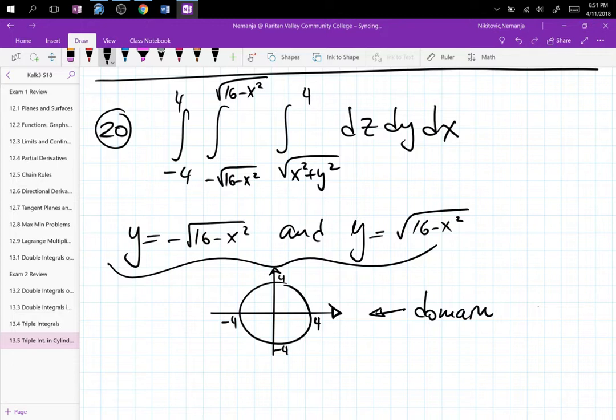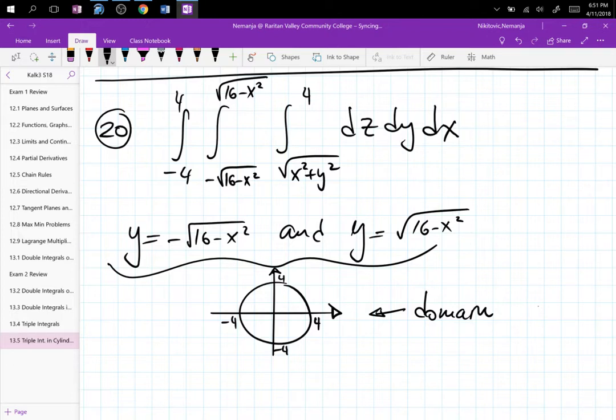Now, you have to be very careful how you read this domain. So let's do what if, and let me use Coord to type some stuff. First off, we have this part of the circle and this part of the circle. The negative square root is the bottom half of the circle.